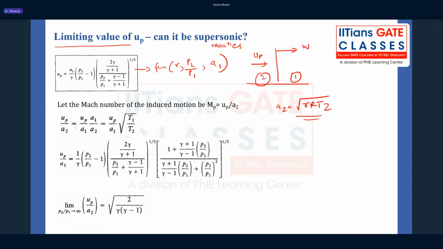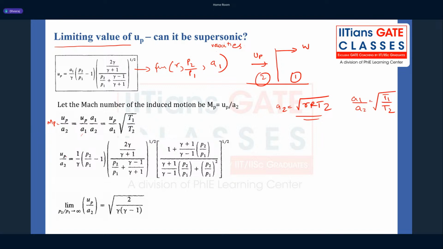So I can write UP by A2 as UP by A1 into A1 by A2, because A1 and A1 will get cancelled. Since A is root over gamma RT, A1 by A2 remains root over T1 by T2, right?